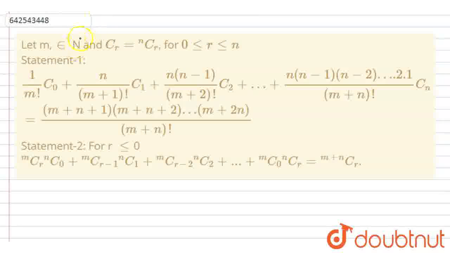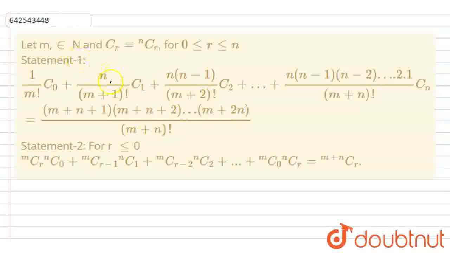Statement 1: 1 by M factorial C0 plus N by (M plus 1) factorial C1 plus N into (N minus 1) divided by (M plus 2) factorial C2, up to N into (N minus 1), (N minus 2), up to 2 into 1, divided by (M plus N) factorial Cn, which is equal to (M plus N plus 1) into (M plus N plus 2) up to (M plus 2N), divided by (M plus N) factorial.